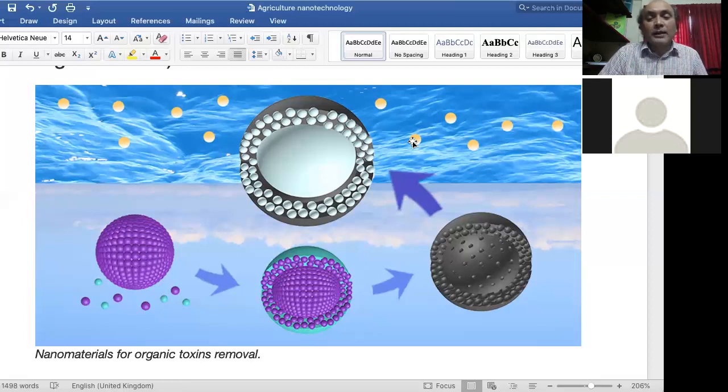Now, in case of large-scale application, the important challenge is the cost of nanomaterials, and now scientists are working to make polymeric substances by using biomass and low cost materials for desalination of the marine water. This is a good question.